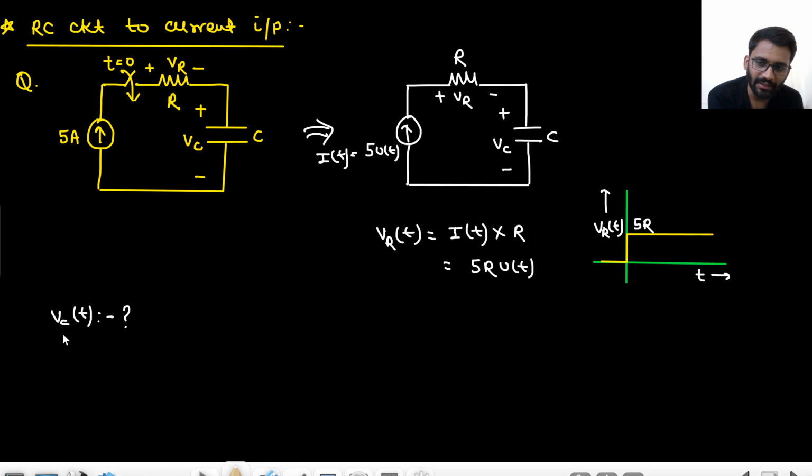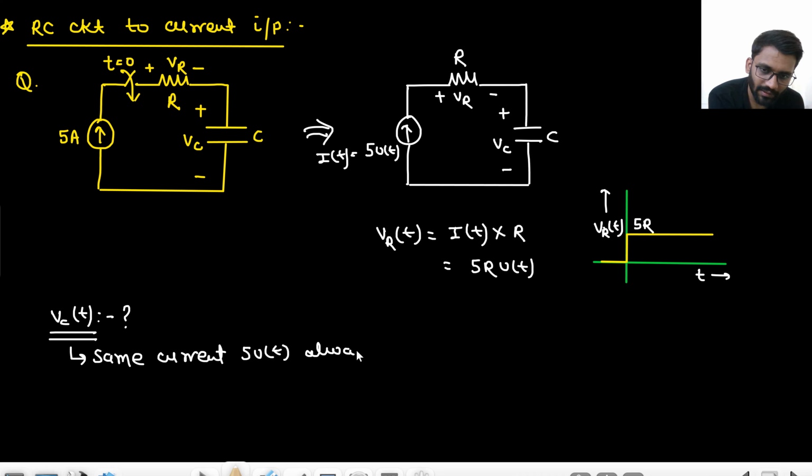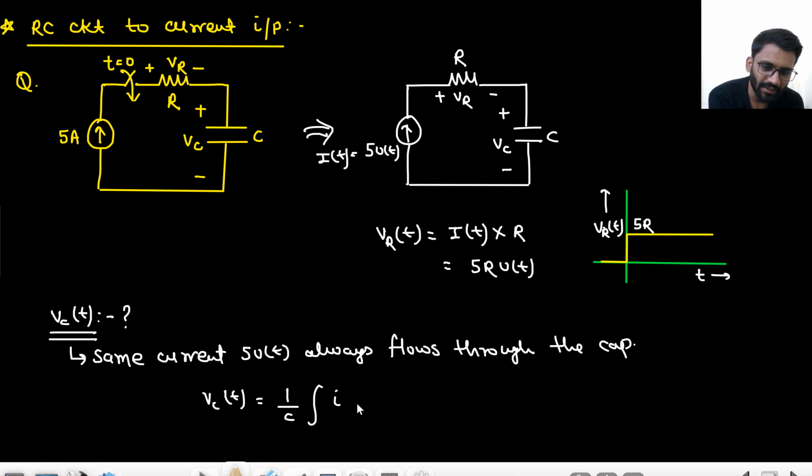So now talking about VC(t). What will be VC(t)? Same current 5u(t) always flows through the capacitor. That means your VC(t) would be 1 by C integration i dt. From where to where?